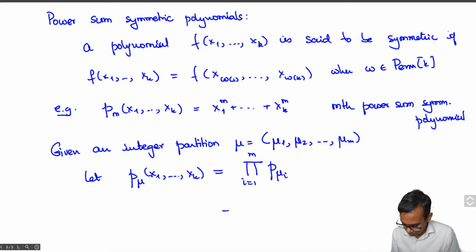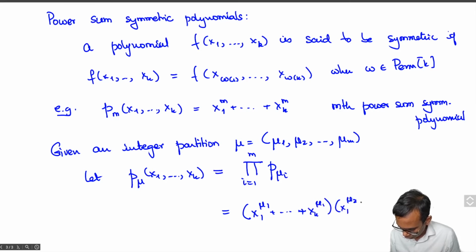In other words, I'm just saying x1 raised to mu1 plus through xk raised to mu1, times x1 raised to mu2 plus through xk raised to mu2, and so on all the way up to x1 raised to mu_m plus through xk raised to mu_m. These are also called power sum symmetric polynomials associated to partitions.